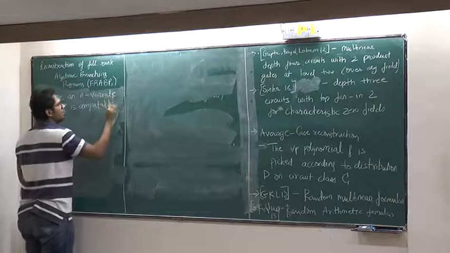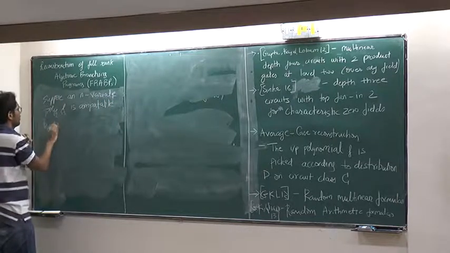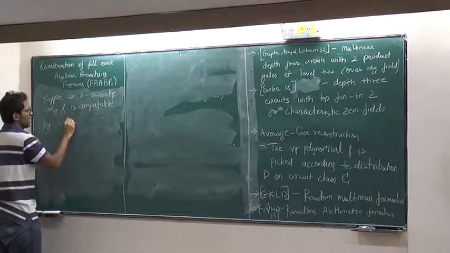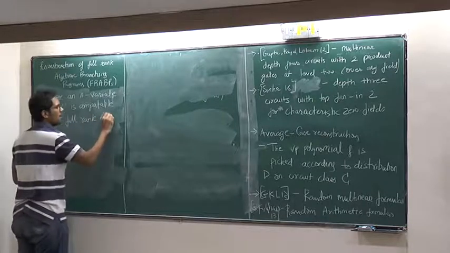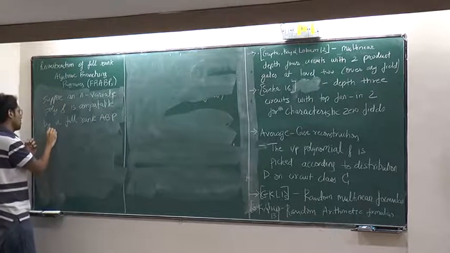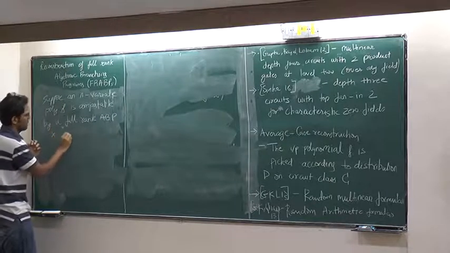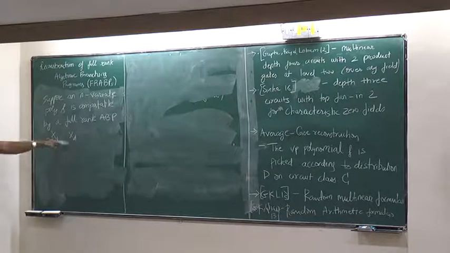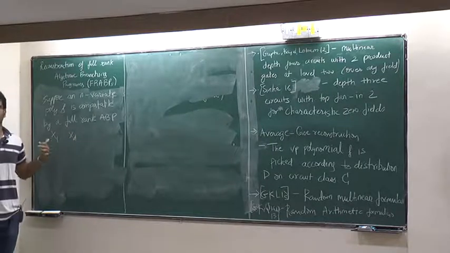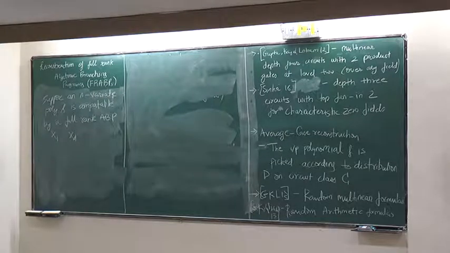Computable via full rank ABP. From this full rank ABP, I want to construct new full rank ABPs and see how they can be constructed. This is exactly what you were asking.